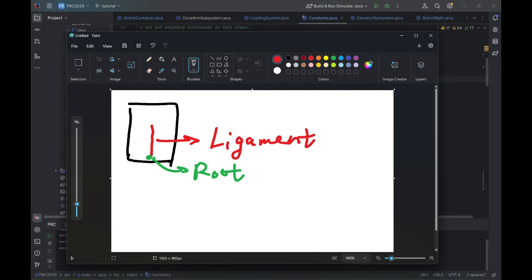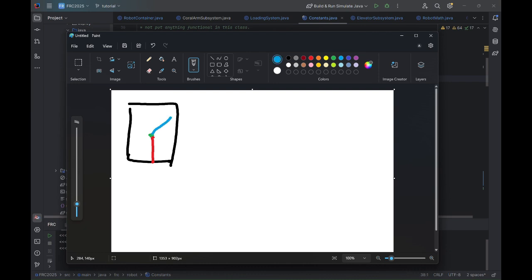And that's it. But usually, for robots, we'll have like elevators and arms. So instead, we'll have something like this. So this is the pivot point, which is the root, and our elevator, the ligament, and our arm, another ligament.